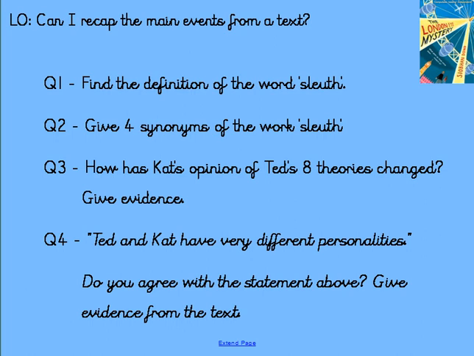So question 3: how has Kat's opinion of Ted's theories changed? Remember, earlier in the book she thought it was a ridiculous idea. She didn't agree with Ted at all. So how, in the bits of text you've got in this chapter, can we see her opinion changing? You might want to give a bit of evidence about how she felt previously and a bit of evidence about what she feels now.